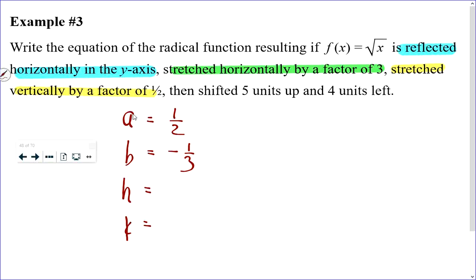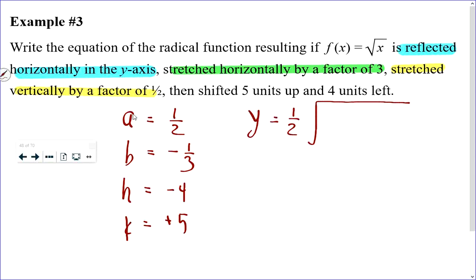If we shift it 5 units up and 4 units to the left, I think that's pretty clear that since it shifts to the left, h is negative and it's -4, and shifts up, k is positive and k is 5. We're okay with h and k, I hope. So we put it together. y equals a f of, but f of is the square root.